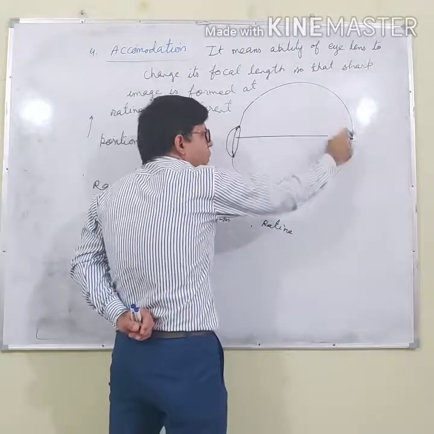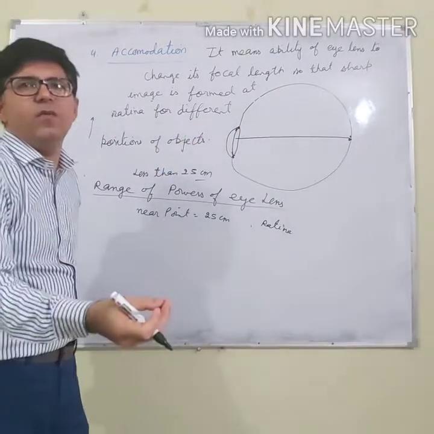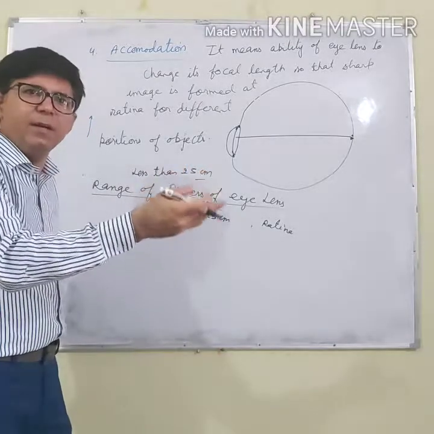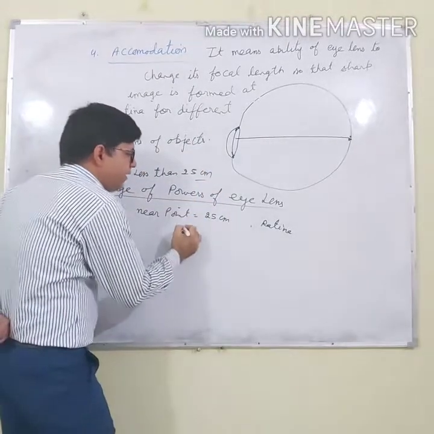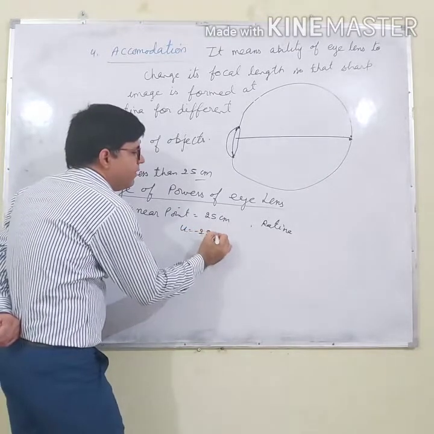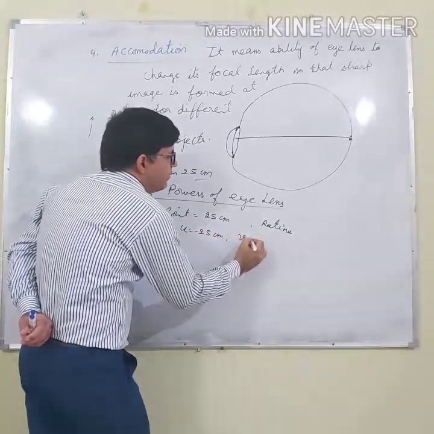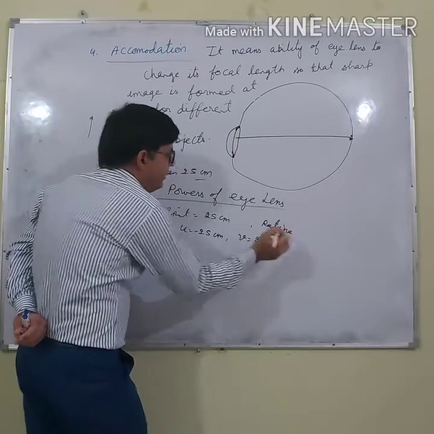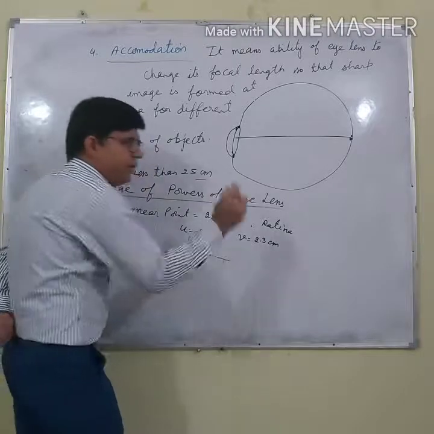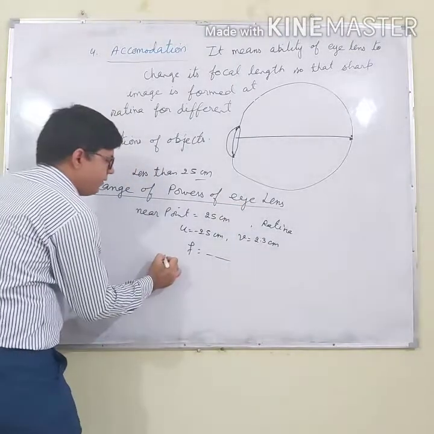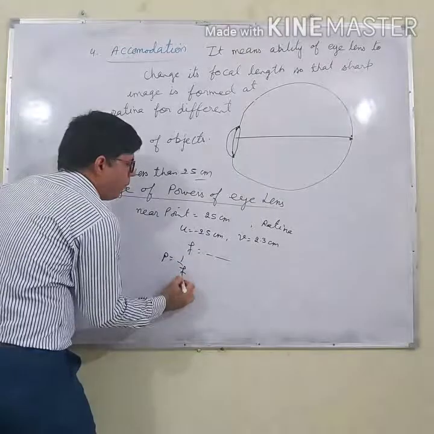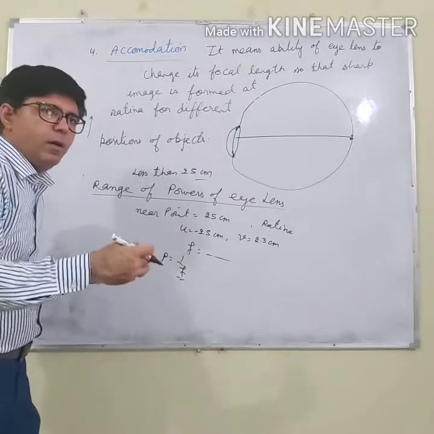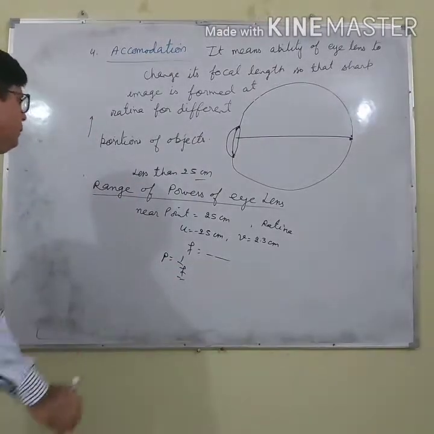So I can say approximately at a distance of 2.3 centimeter, because 2.3 centimeter is the diameter. So I can say u is minus 25 centimeter and v is 2.3 centimeter. So from here I can calculate f, and hence I can calculate the power of the lens when we are seeing a nearby object.